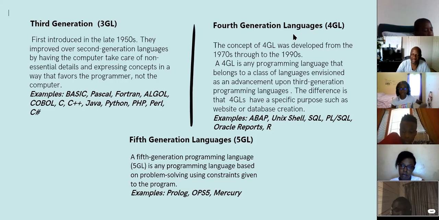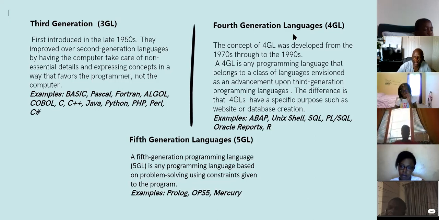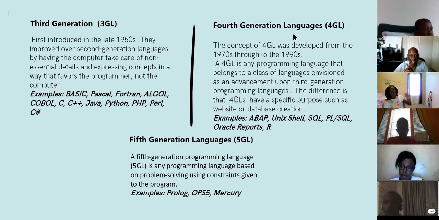In addition to that, they also came up with another language we call ALGOL. ALGOL is algorithm language. So you see they shortened some of these language names. Those were for the 50s and 60s.